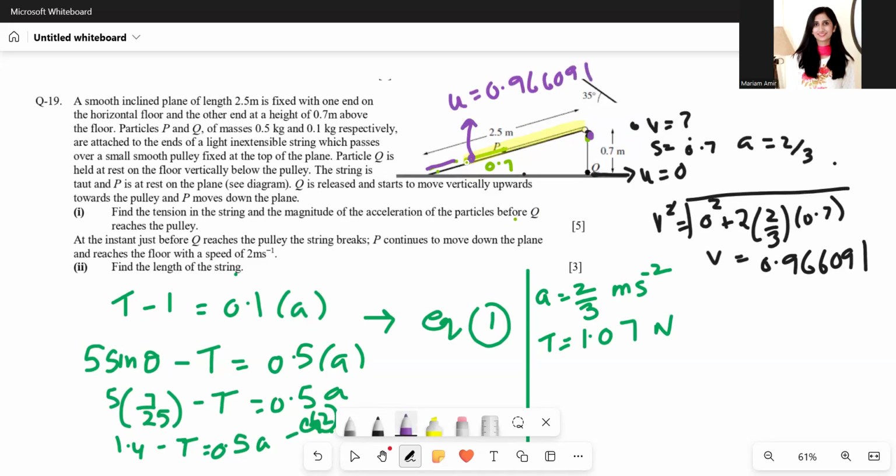Okay, this becomes U, and the final speed here is 2. We know that. We need the distance of this purple region, but before we can find that, we need the acceleration of this part. Now, since the string has broken, the acceleration will be different from the acceleration of the connected particles.